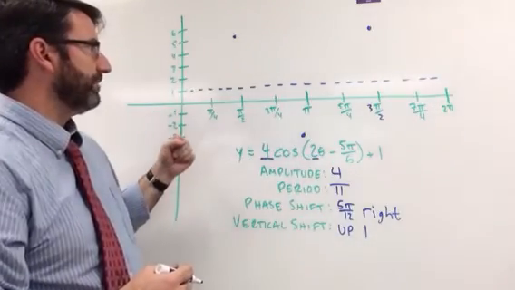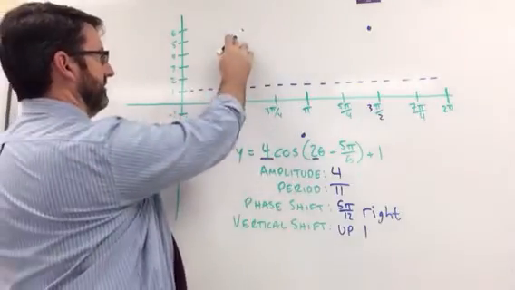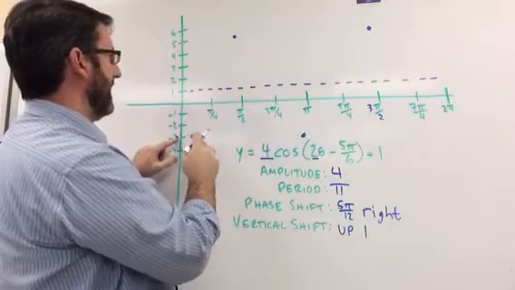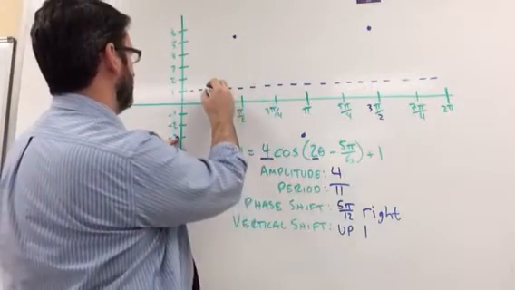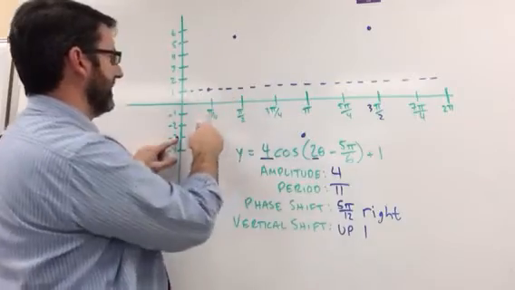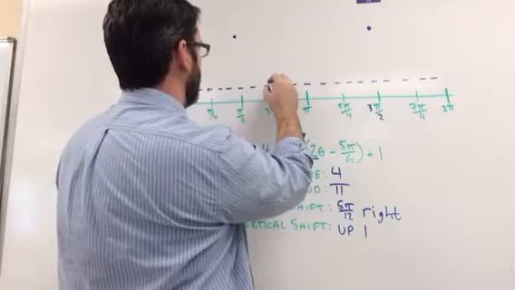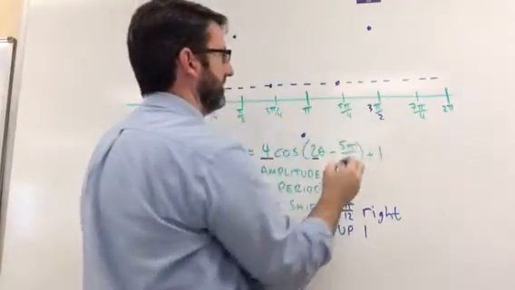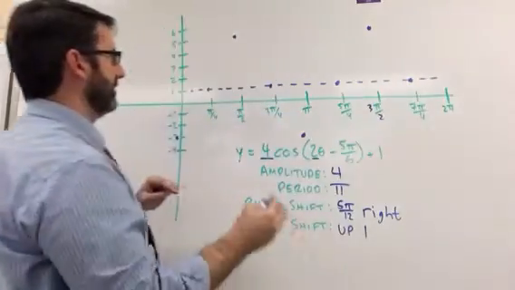And also in between the maximum and minimum, we're going to cross the midline. So halfway between here is going to be right here, just shy of pi over 4. And then again, we'll cross it just shy of 3 pi over 4. We'll cross the midline just shy of 5 pi over 4, and again just shy of 7 pi over 4.